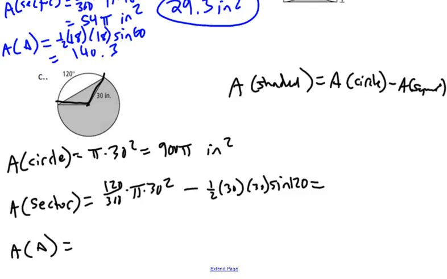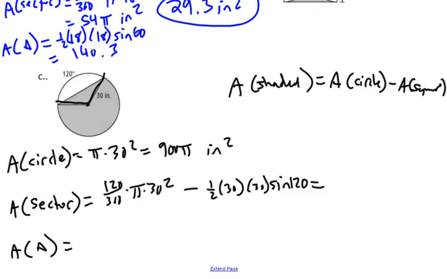So it's 300 pi minus, so the first part is 300 pi. We've got all of that.